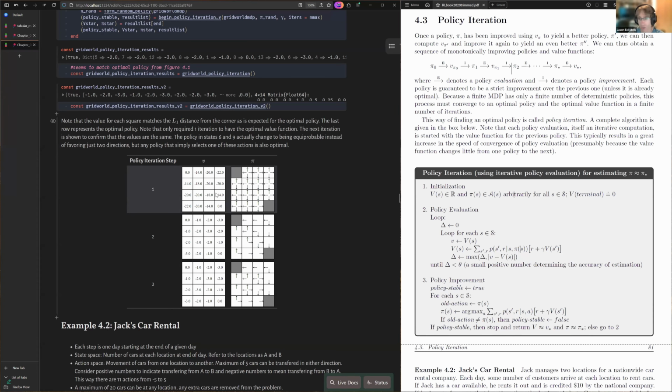So it's only when you do another round of policy iteration that you see that these are also equally good. But it's just lucky that this policy is already optimal.